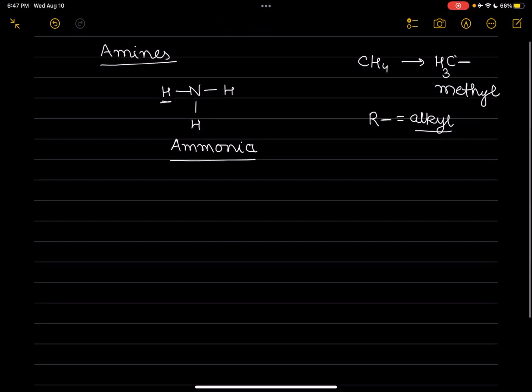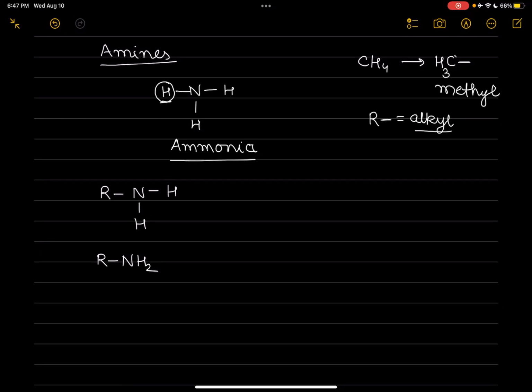So this is ammonia. All of you know it, right? And if you replace one of the hydrogens of N and put an alkyl group, you end up with this. This is the condensed structural formula, and you write it like this, RNH2.